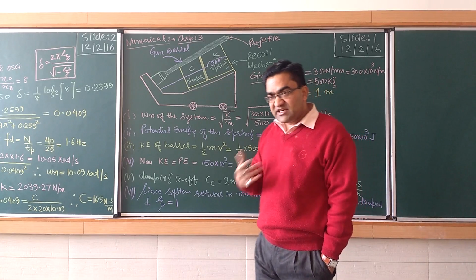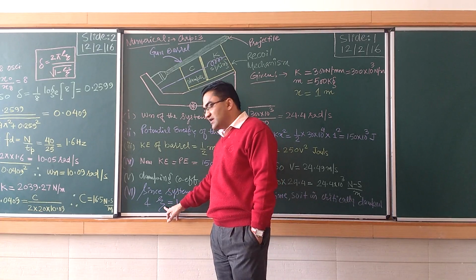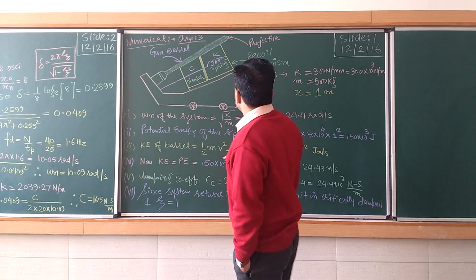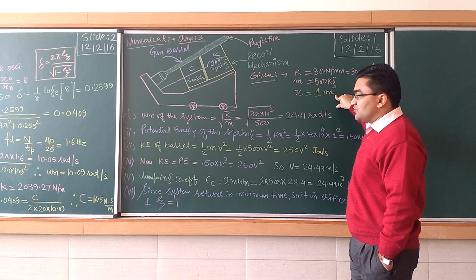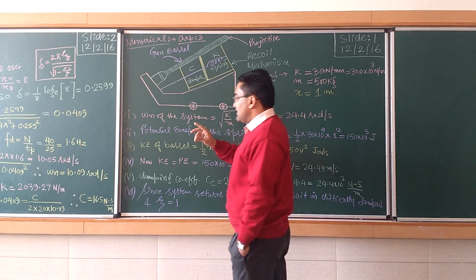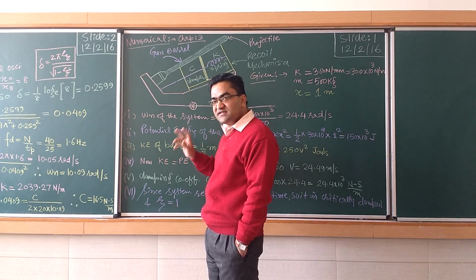If the system is critically damped, in case of a critically damped system, the value of your damping factor will be equal to 1. Moreover, the mass is given, displacement is given, K is given. So from all these things, first of all we'll find out the natural circular frequency, omega n, of the system.